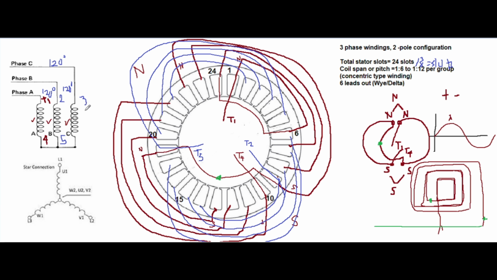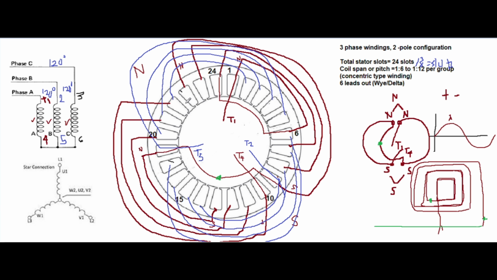So 3 and 3 and 6. Again, 1, 2, 3, 4, 5, 6.